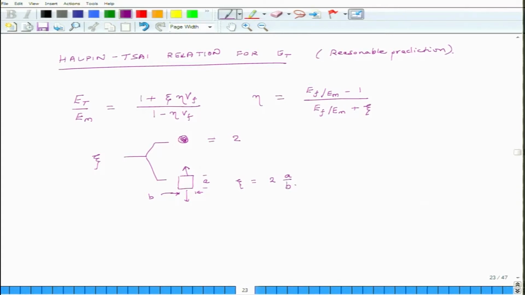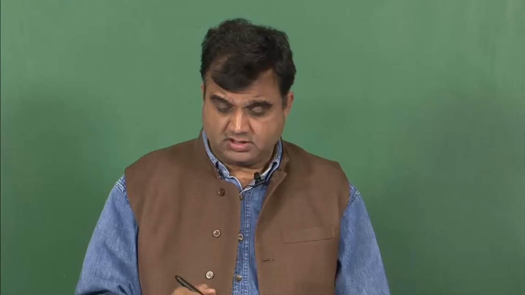But most of the times we use fibers with circular cross section, so we do not have to worry too much about this. You can say most of the fibers are circular in cross section, unless you go to some fancy metallic wires and things like that, where there may be non-circular cross sections. So, you can use this too.